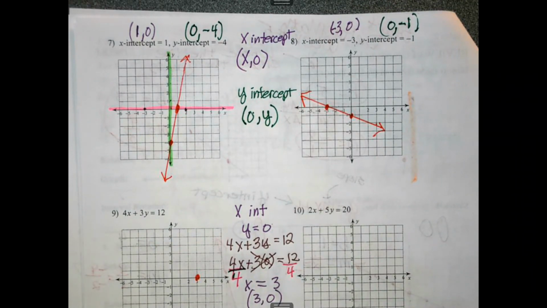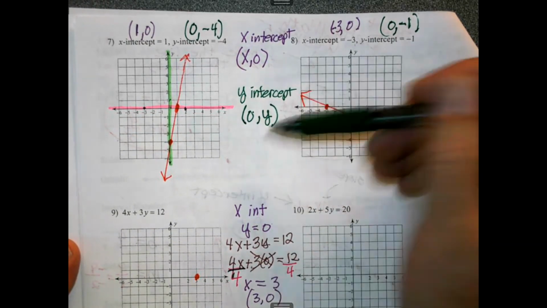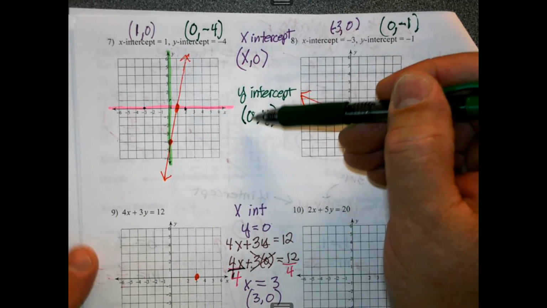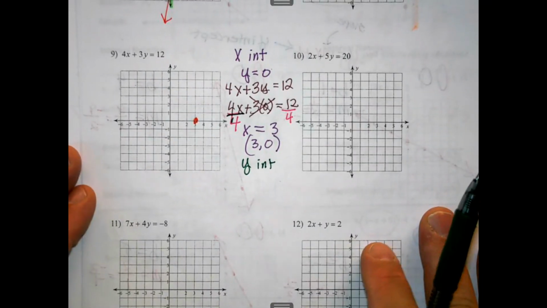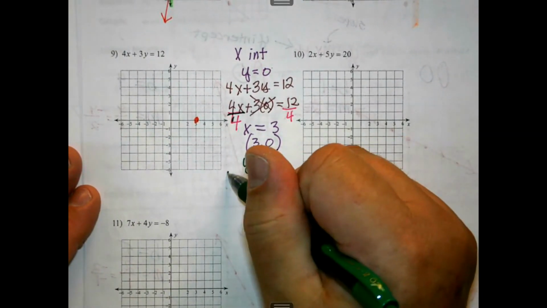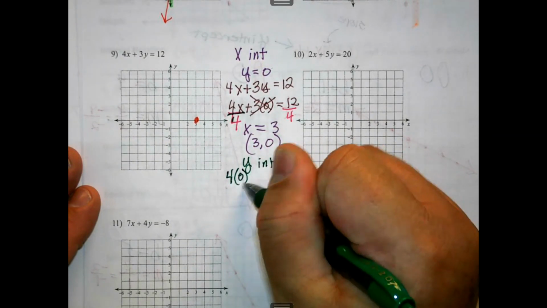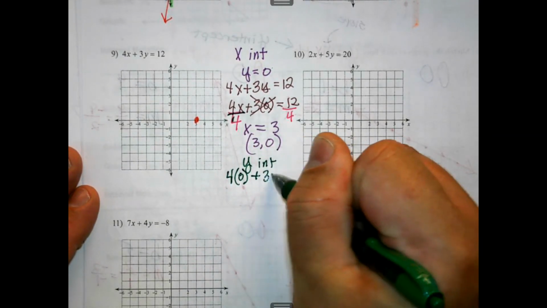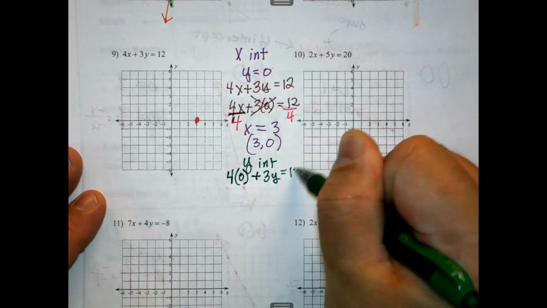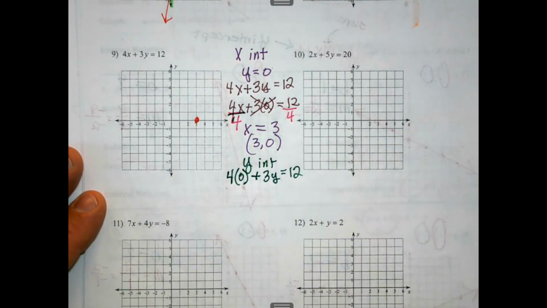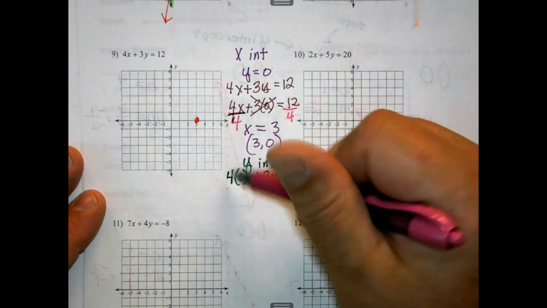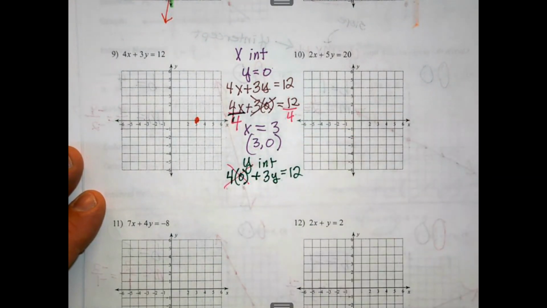And I do that for the y. So I'm going to go ahead and substitute in for the y-intercept. If I substitute in 0 for my x, so 4 times 0 plus 3y equal 12. This time, my x term is 0.